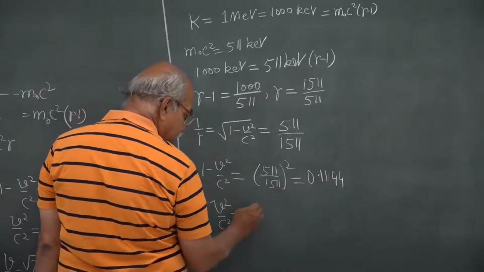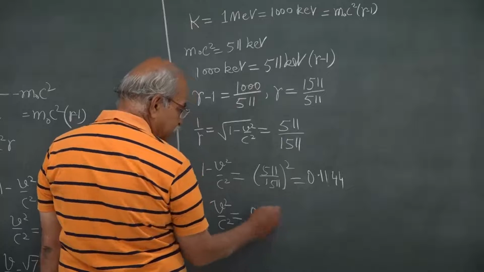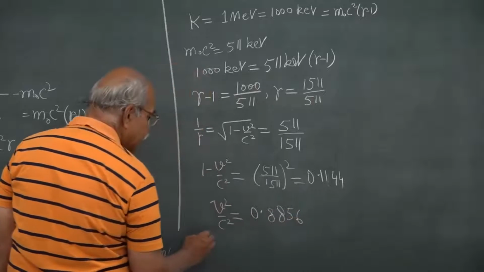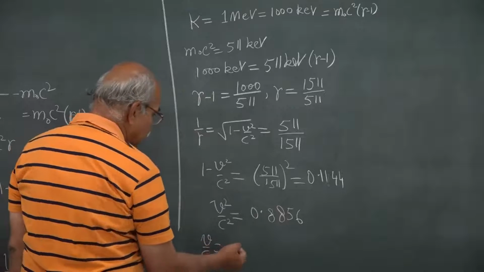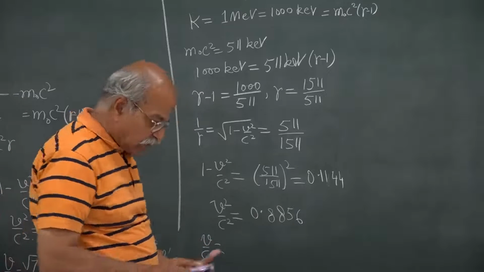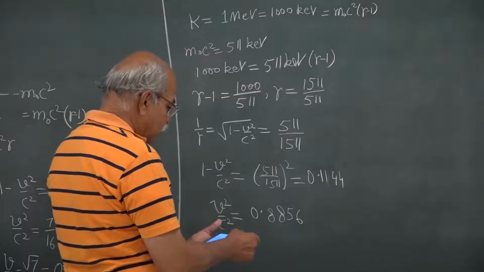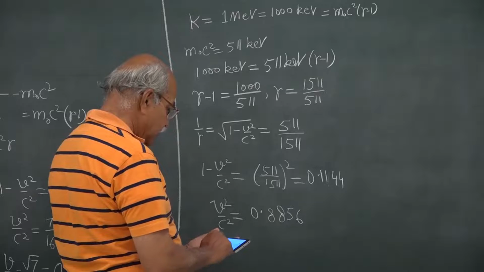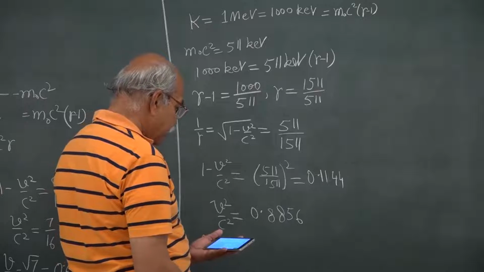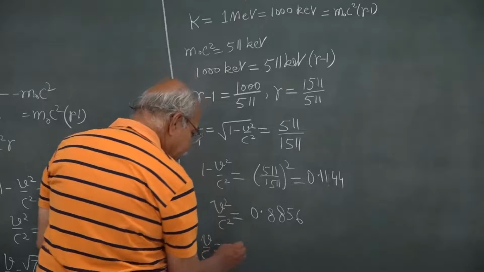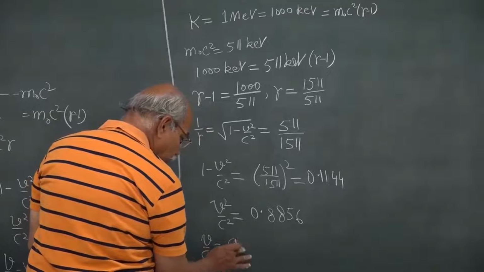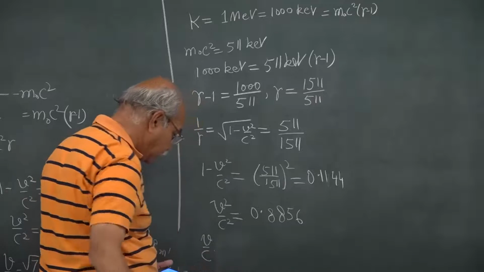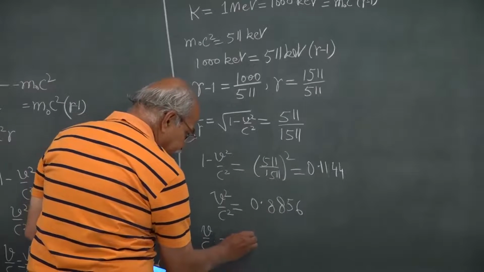So that is 1 minus v square by c square, and therefore v square by c square is 1 minus this quantity. So it will be 0.8856. So you can write v by c as the square root of this. Square root of 0.8856 is like 0.941, so 0.94.